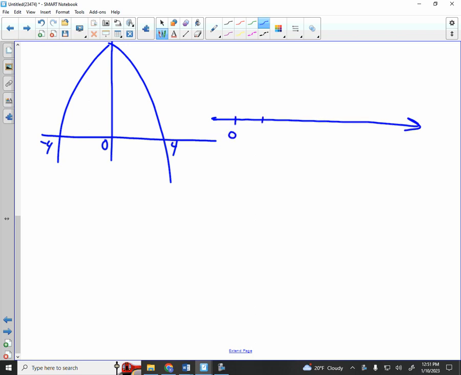So 0, and then I have 4/5, and after 4/5, I would have 8/5, and then 12/5, 16/5, and finally 20/5, which is 4. So do you see how just writing that out helps me to see where I start and where I end? So I just went up by 4/5 every time.